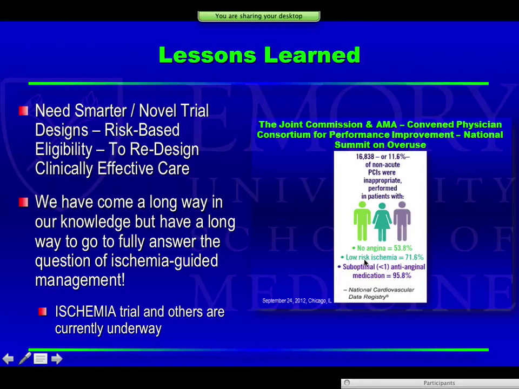The vast majority of that overuse is notable in patients with low-risk ischemia. I think the ischemia trial fits very well in terms of the politics of overuse in terms of elective procedures, and I think the ischemia trial can do a lot to support clinical indications for revascularization in this patient population. I think that's my last slide.